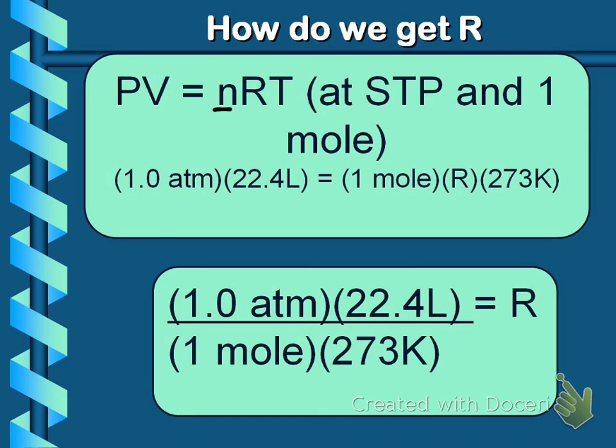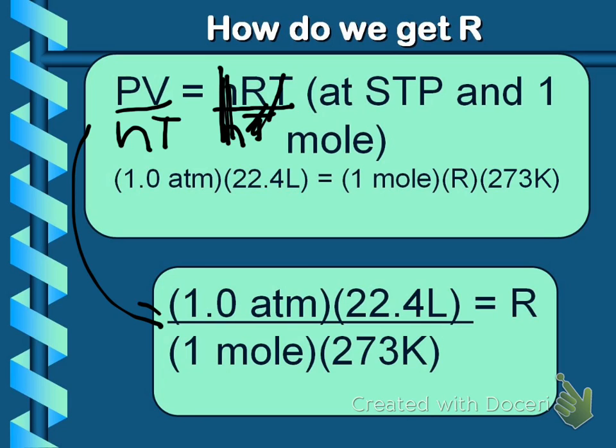If you look here, what we did was we took nRT and divided both sides by nT, and we ended up canceling out the n and canceling out the temperature. So R equals PV over nT, and that's basically what we have down here.